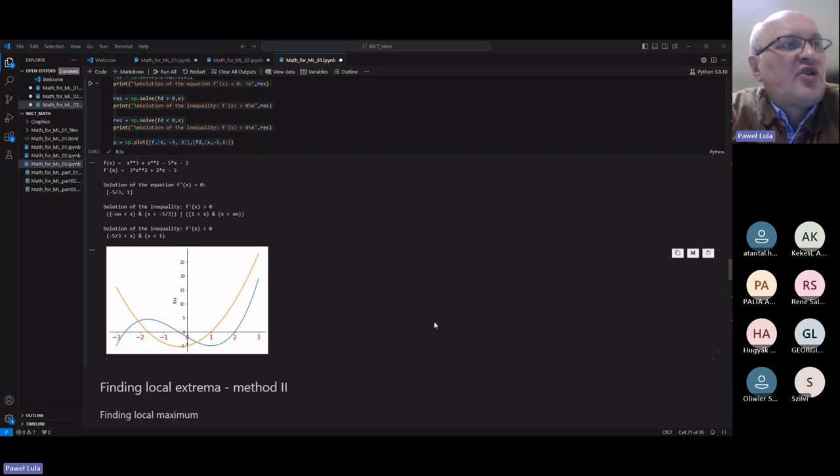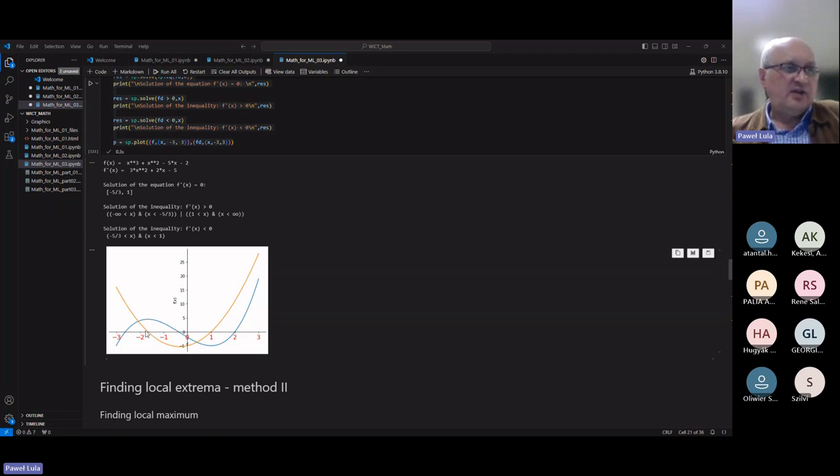And also I solved the inequality: the first derivative is smaller than 0, and the results are here. From minus 5 thirds to 1. Yes, we agree, we see this region here on this picture.